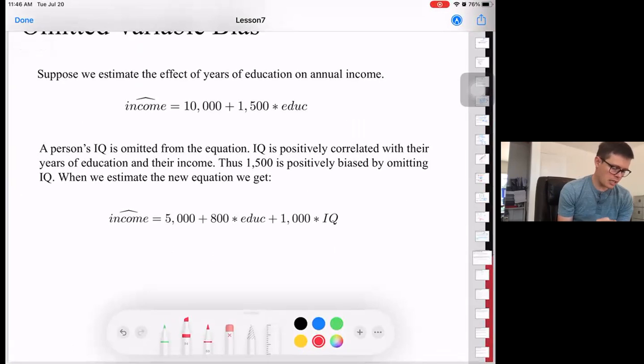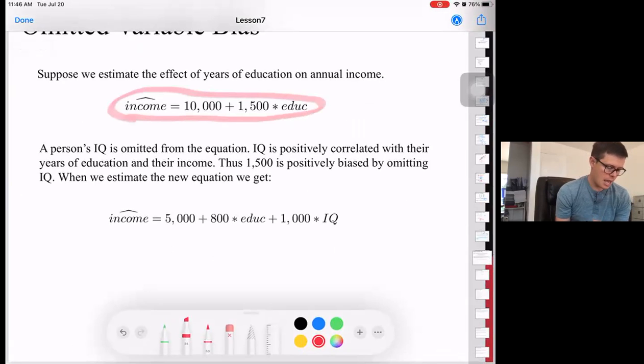Say we still want to know the effect of education on income, and we have to omit IQ from the equation. IQ is positively correlated with your years of education and also your income. So what we think is that the 1500 that we get as a coefficient on education is positively biased, which means it's larger than it should be because we've omitted IQ.